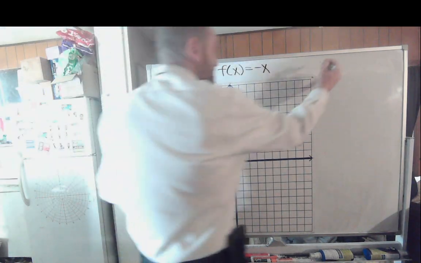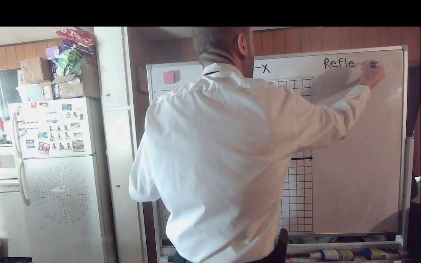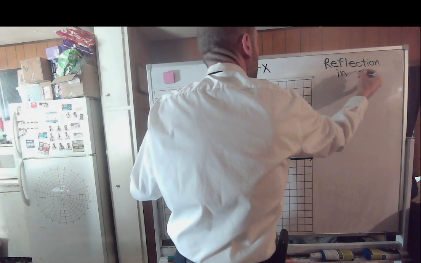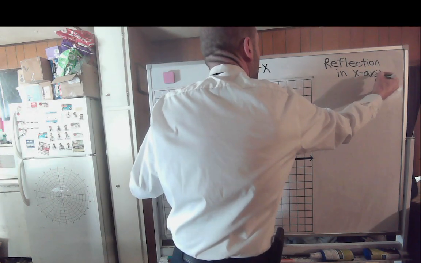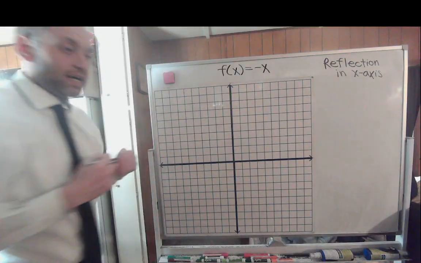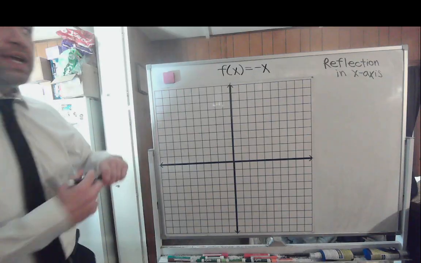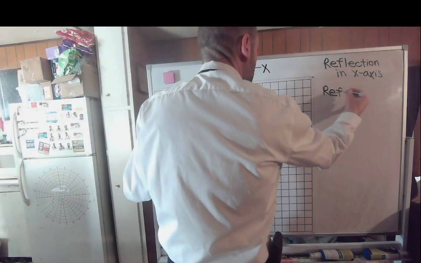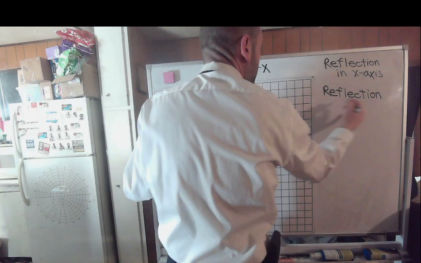So I definitely have a reflection in the x-axis. And for f of x equals x, if I took f of negative x, I would also get negative x, so you actually have a reflection in the y-axis as well. Linear functions are unique where you can have it occur in both of them.